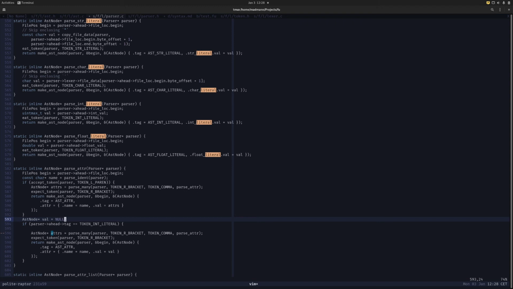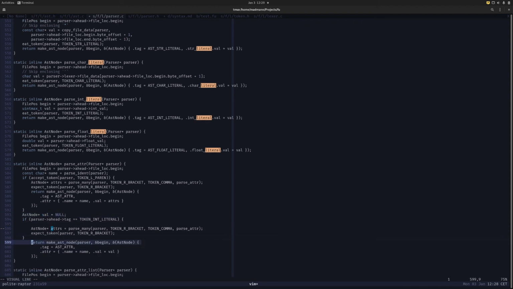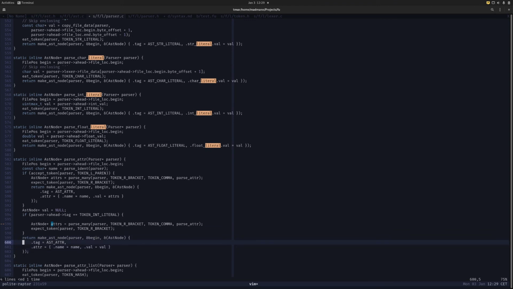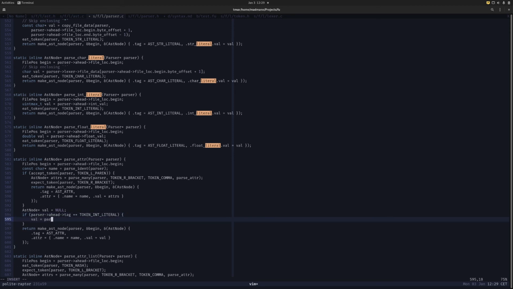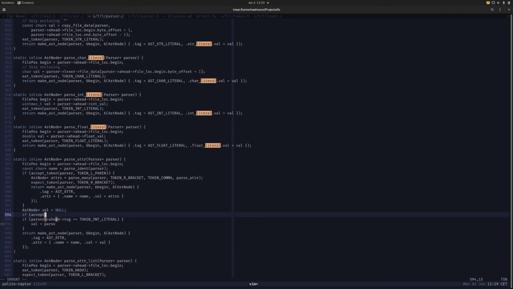So I'm going to factor out the part that creates the node, because this would be otherwise in each and every case. So I put it out. I say the value is this. Initially there's no value, but if we have an integer literal, then I say that the value is, sorry, I need to parse the if accept token parser token equal.